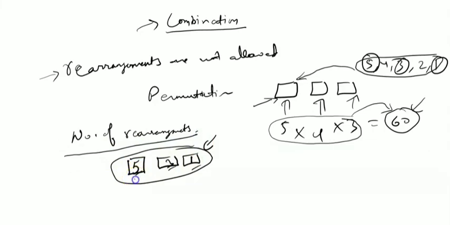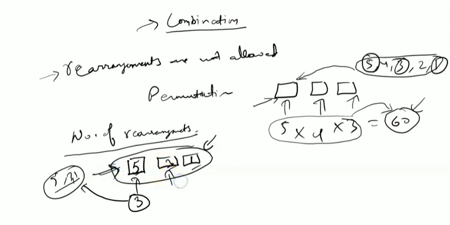So 531 can be rearranged in the same way that we calculate the value of permutations. We have 5, 3 and 1 as the sample, and we have to fill these 3 slots. The first slot can be filled with any of these 3 numbers, which is 3. In the second slot you can fill it with 1 less than the first, because one is already taken, and for the last one we have only 1, which gives me 6 as the total value of rearrangements.